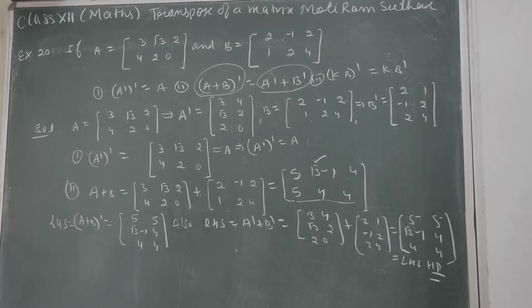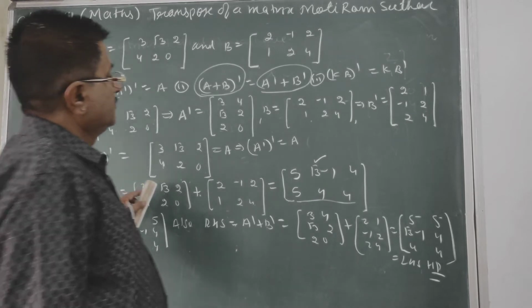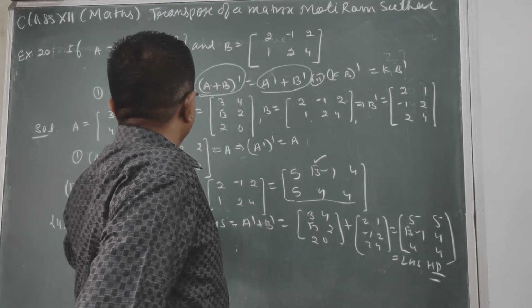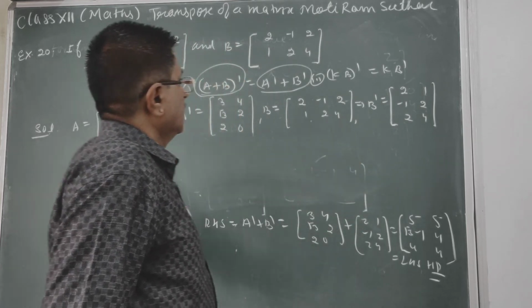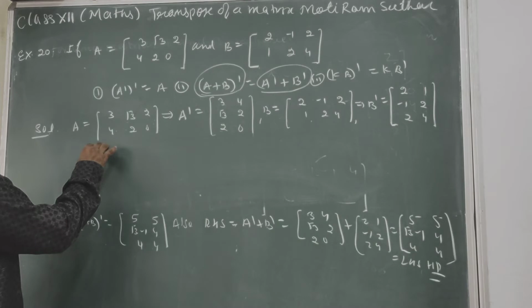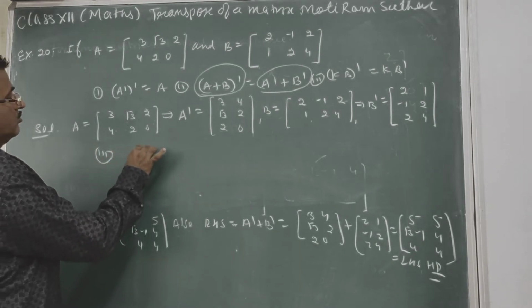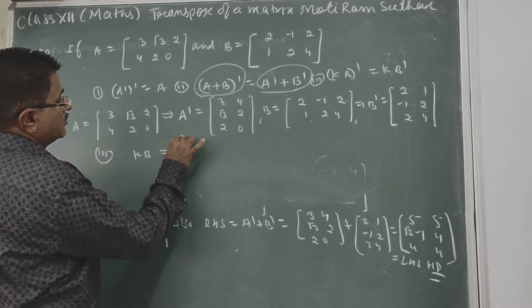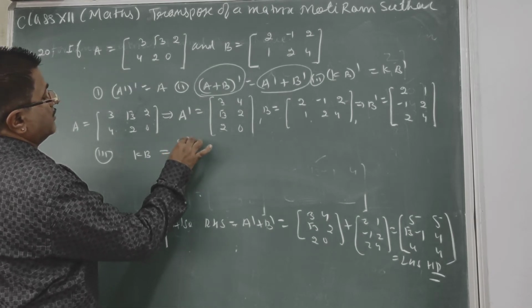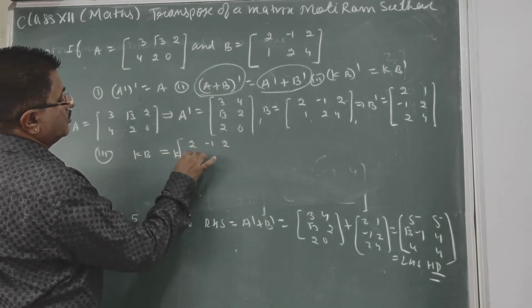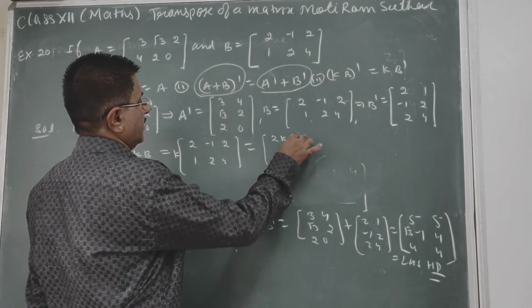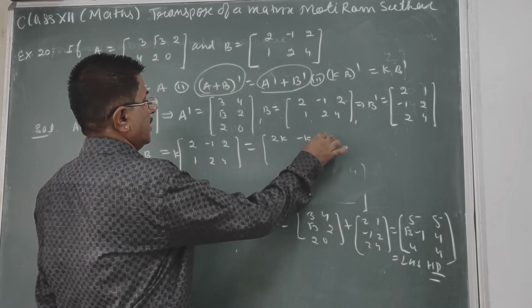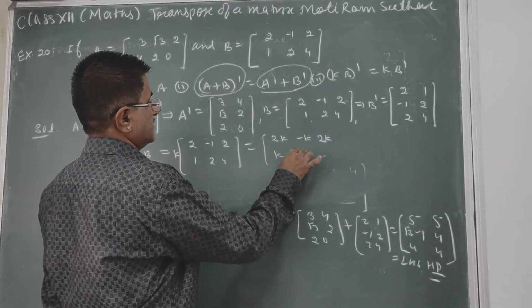Now also the last part, (kB) whole transpose. Here we write the third part: k into the B matrix is to be found. So k multiplies with the matrix B, 2, minus 1, 2, 1, 2, 4, where each element gets multiplied by k, and we know this is the multiplication of a scalar by a matrix.